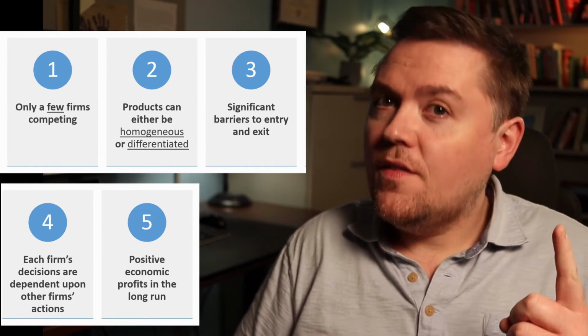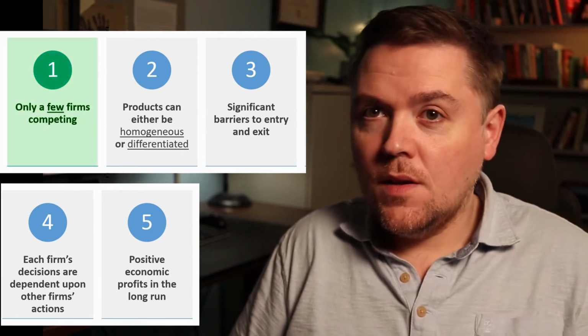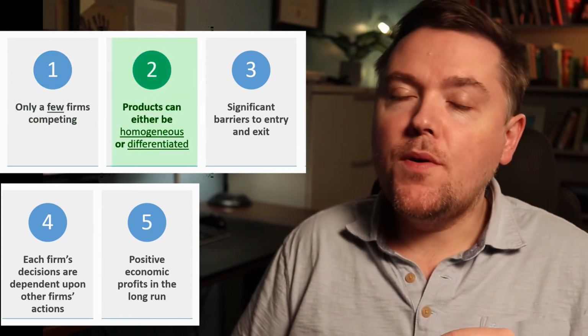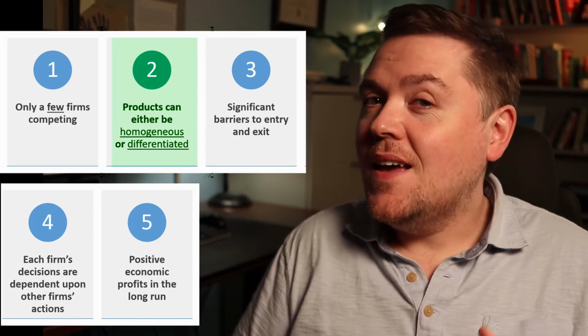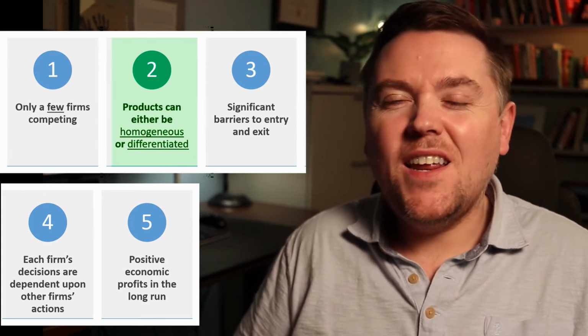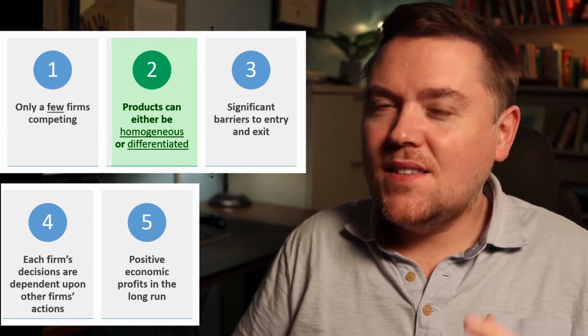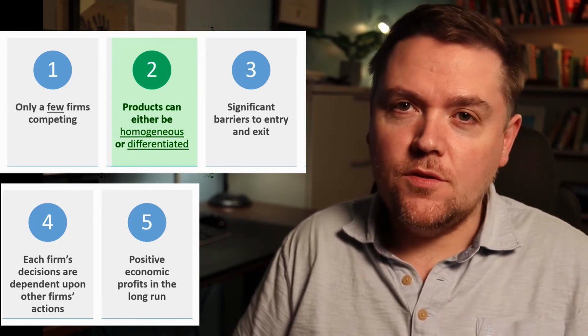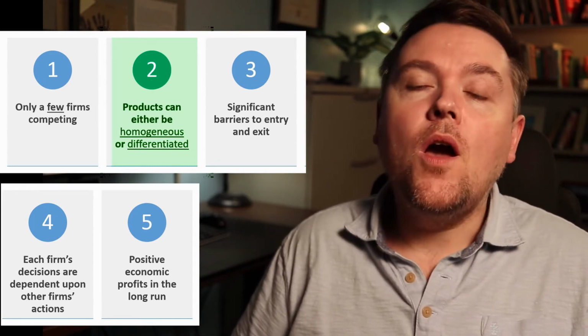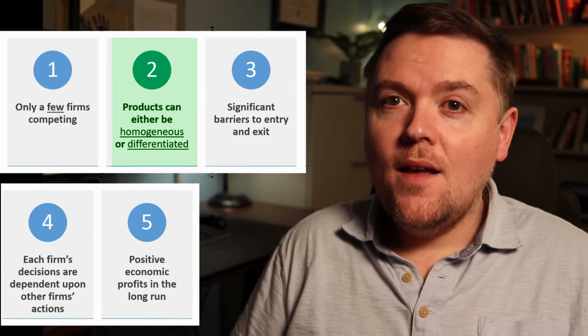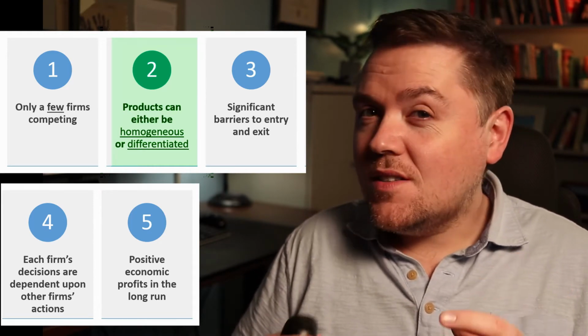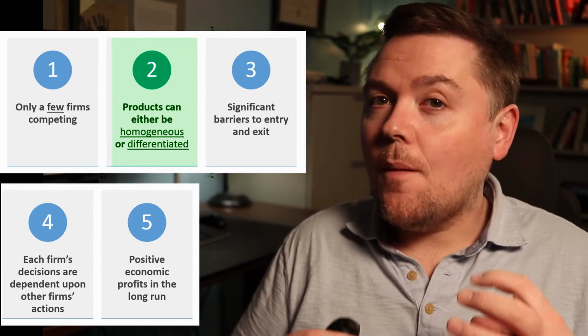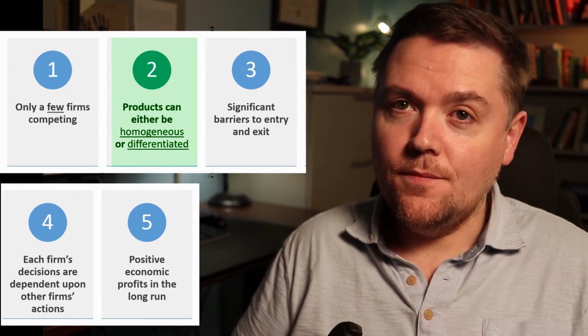There are 5 typical characteristics of an oligopolistic market. 1. There are only a few firms. 2. The goods produced by each firm can be differentiated products, meaning goods that are similar but not perfect substitutes. Or they can be homogeneous goods, meaning that the goods are so similar that they are perfect substitutes for one another. 3.